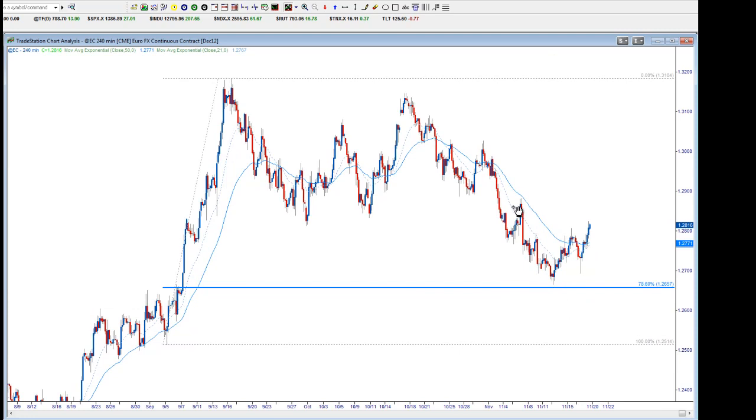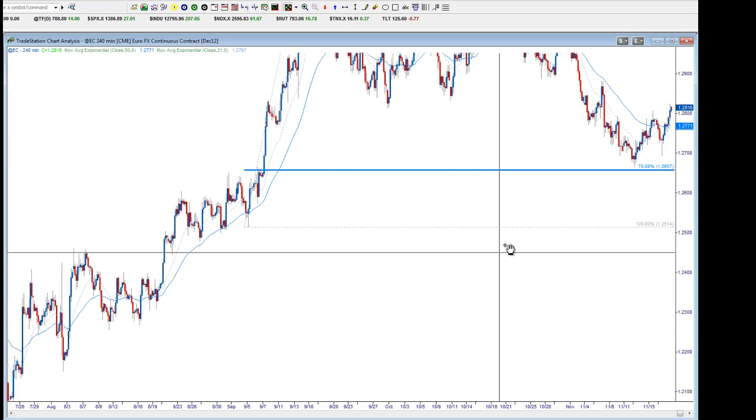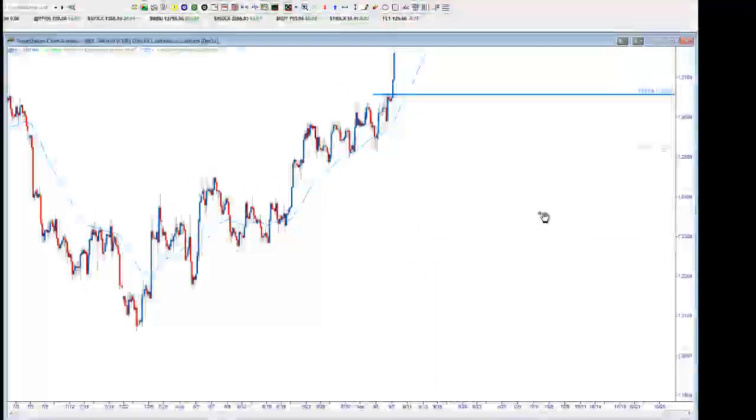We are in a downtrend here, so ideally we would like to get short, understanding that we're bound here by the 78.6 currently. But as you can see, we've got a major swing low all the way down here that would give us more room to the downside.